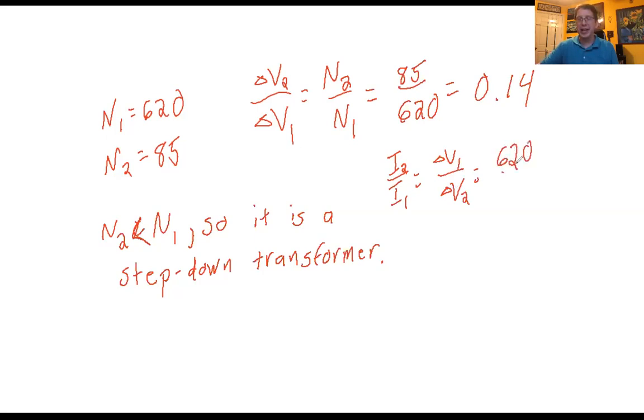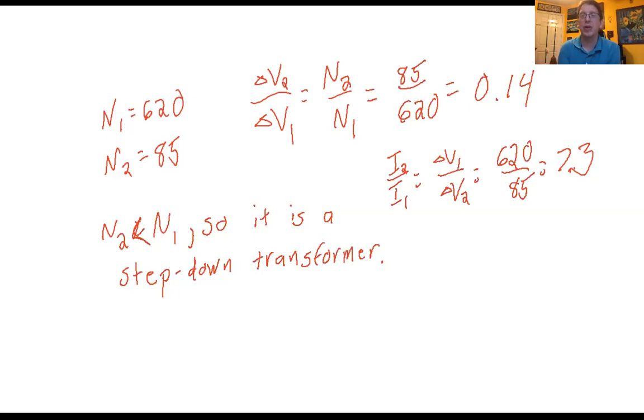So it's going to be the inverse of what you got here, and that is equal to 7.3. So the voltage is 14% of what it was initially, but the current is multiplied by a factor of 7.3. So this is a step-down transformer.